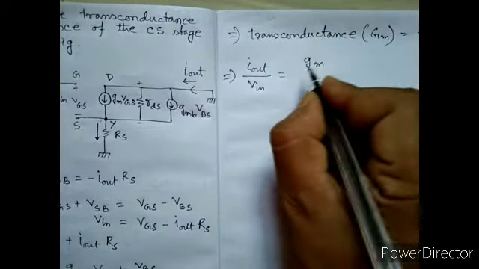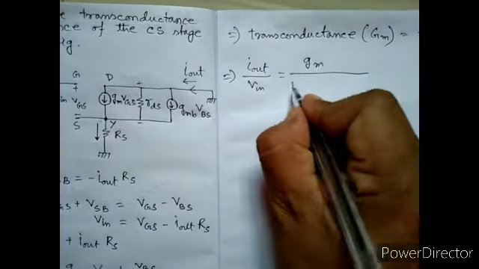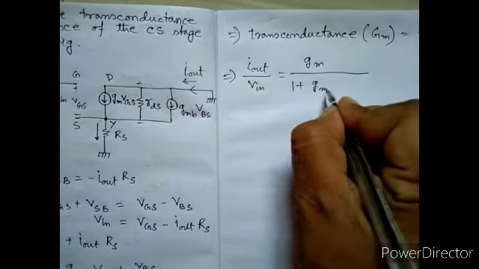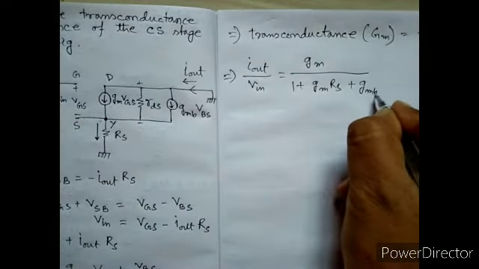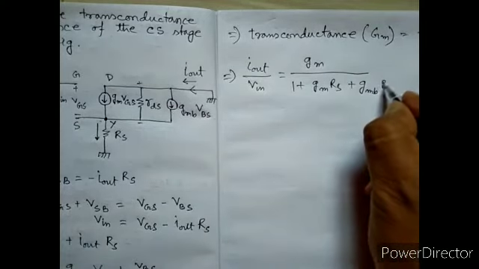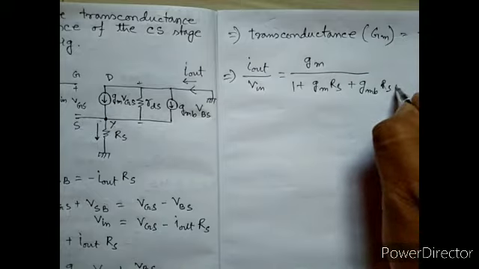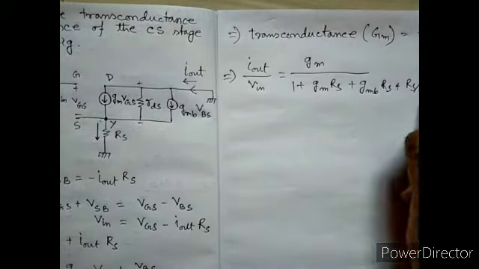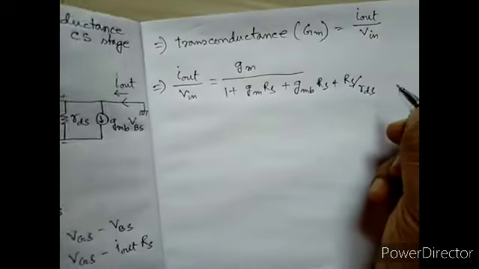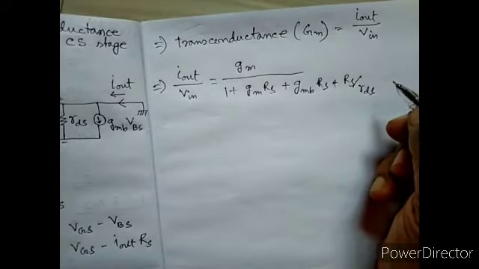GM by 1 plus GMRS plus GMB RS plus RS by RDS.